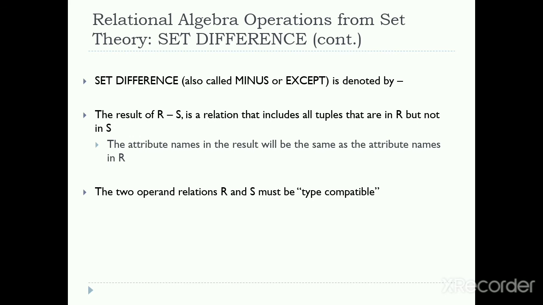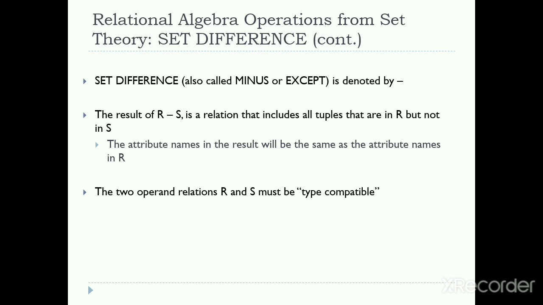The next operation is set difference. It is also called minus or except, and it is denoted by the minus symbol. Now what is the resulting relation here? The result of set difference will include all tuples that are in relation R but not in S. Whatever tuples we have in the first operand relation which are not there in the second operand relation will be retrieved.